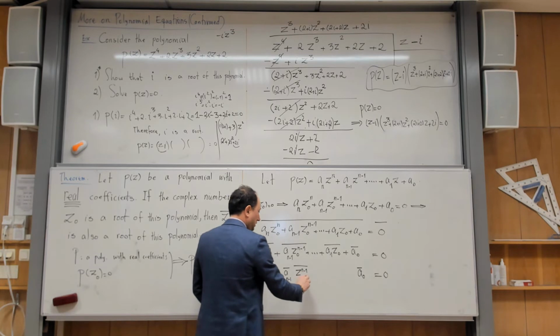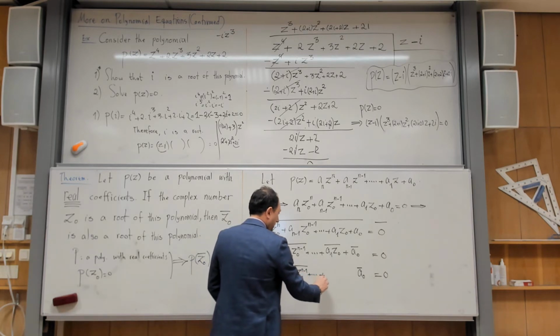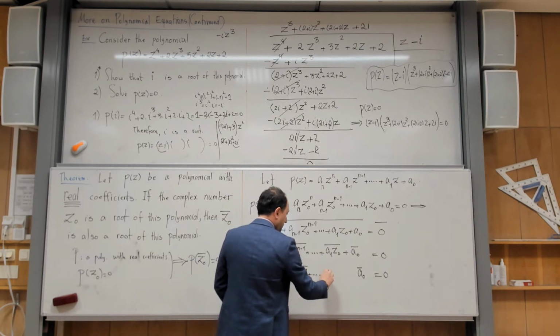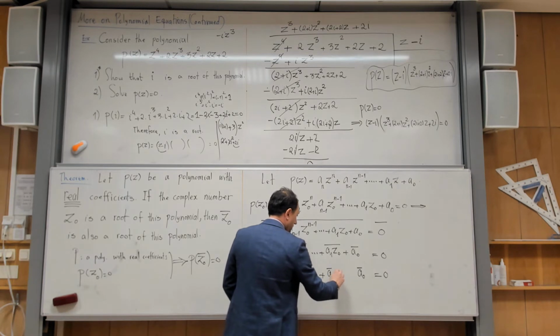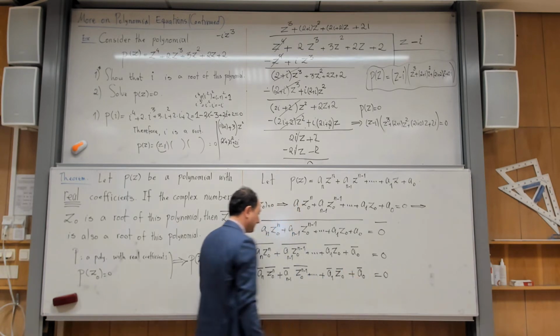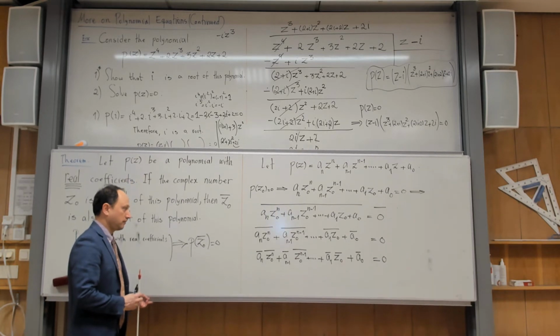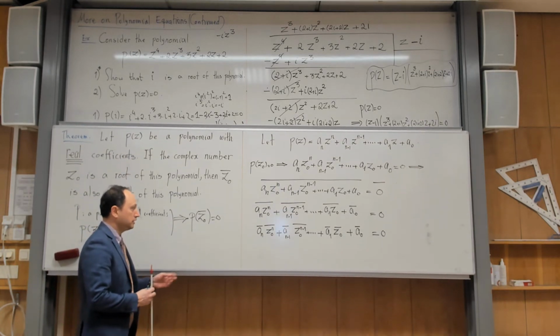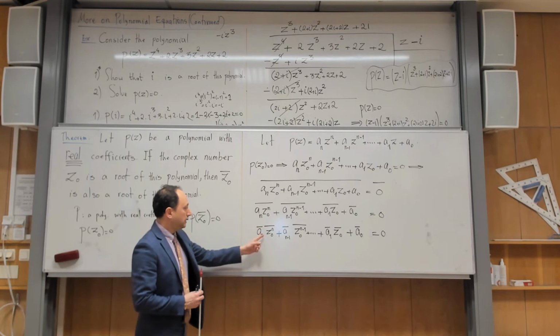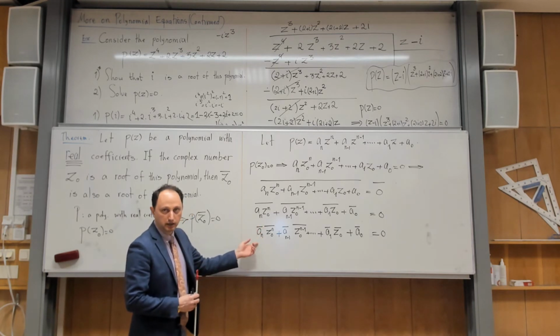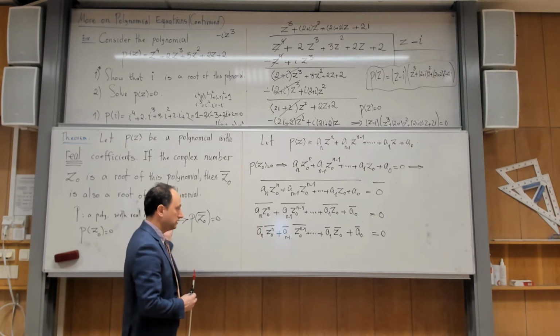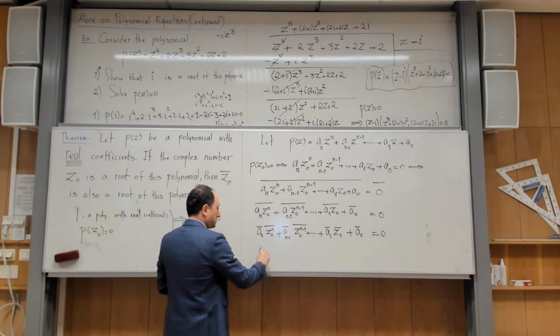And then you continue this process. This one, conjugate the first one, conjugate the second one, and then at the end this one. Now, hopefully you know, instead of an bar, I can write an, because an is real, as you just mentioned.